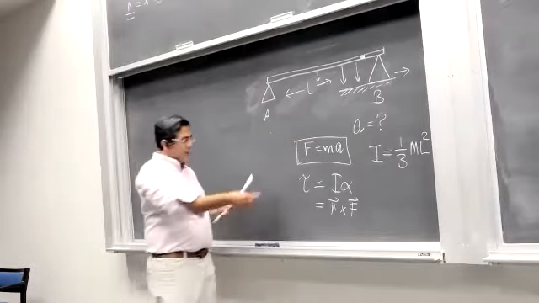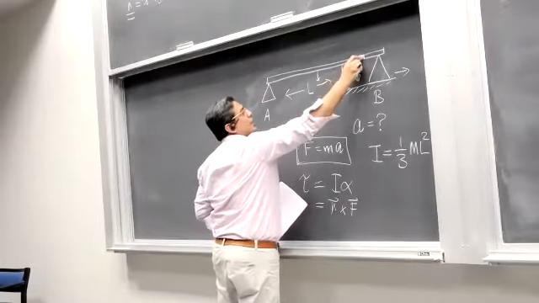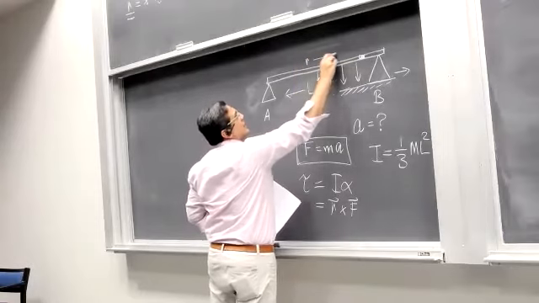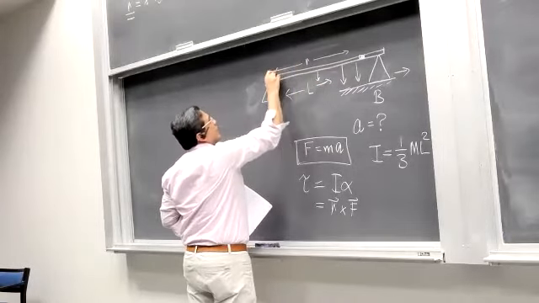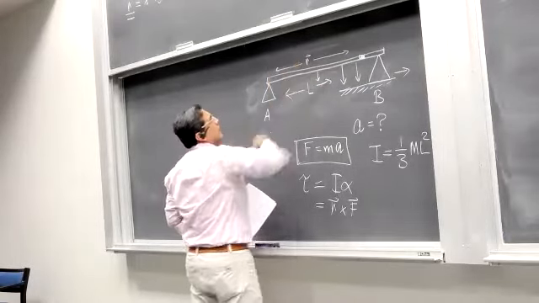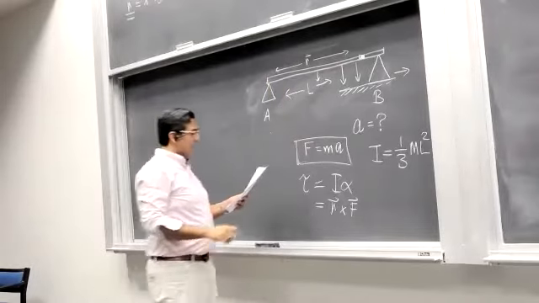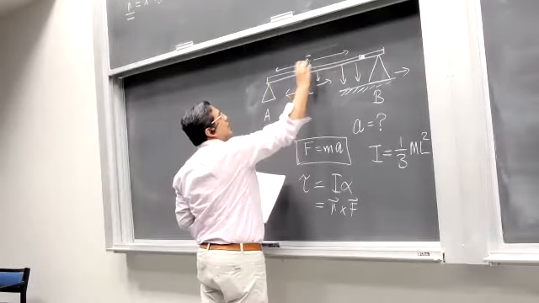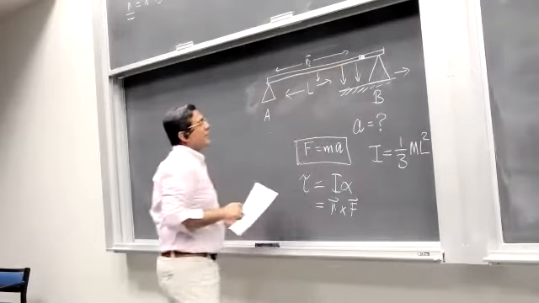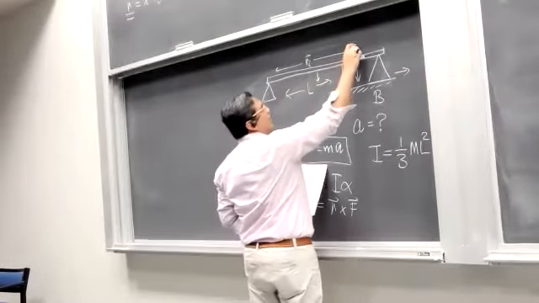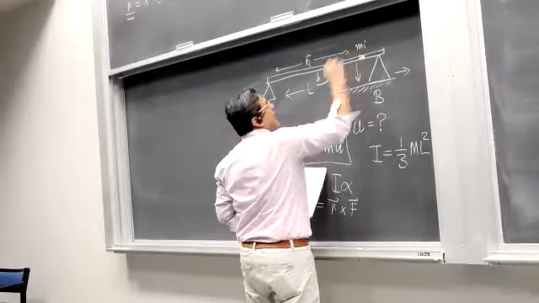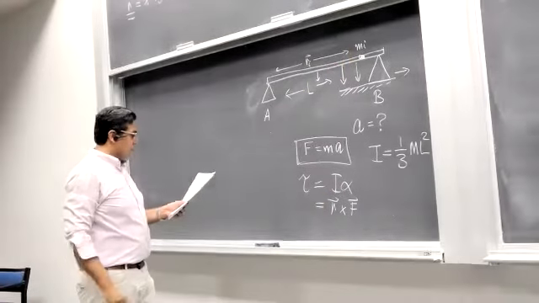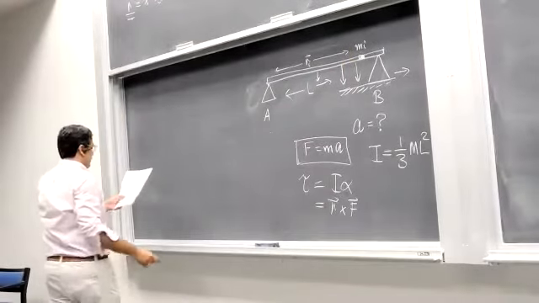Let's say we take a point here, and let's say its position is Ri, because there are several points, and the mass of this little patch is Mi. So what would be the torque of this little mass?